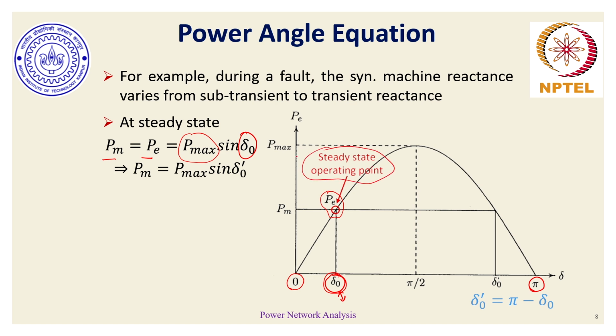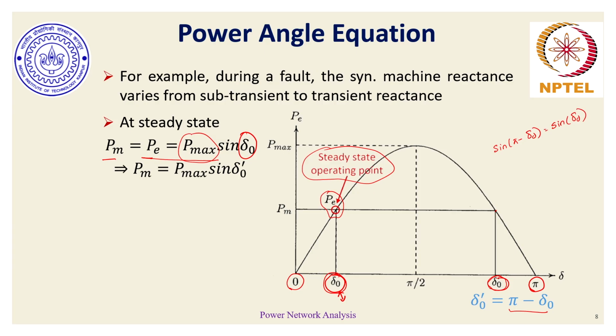Mathematically, there also exists an angle delta naught dash, which is pi minus delta naught, at which PE is also equal to P max sine delta naught, because sine of pi minus delta naught is exactly the same as sine of delta naught. So why can't delta naught dash be an initial equilibrium point for a synchronous machine which is likely to undergo a disturbance for which transient rotor angle stability analysis needs to be done?